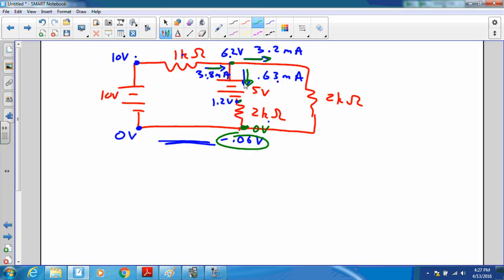Then I'm going to be rising again to get to 6.26 volts here. And then as I come to this point right here, the voltage drop is going to be 2 kiloohms times 3.2 milliamps is 6.4 volts. And that puts me back down to negative 0.2 volts, which is, again, pretty close to 0. It's close enough to say that my math is right.